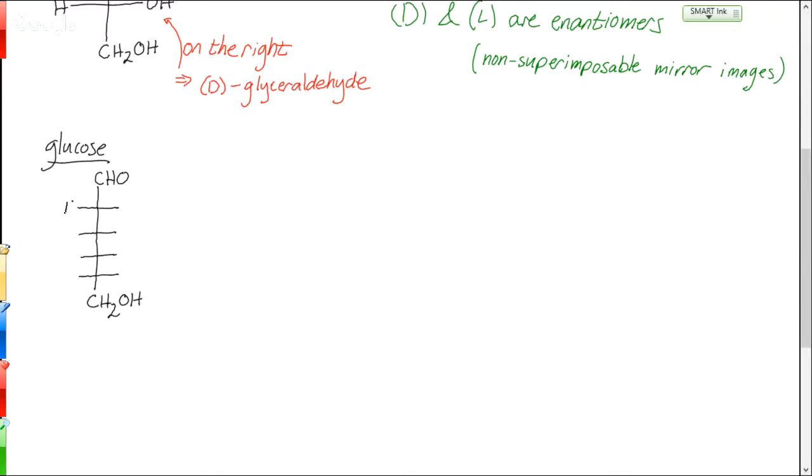So the order for glucose goes HOH, like this. And because we drew that bottom one to the right, this tells us that what we just drew is D-glucose. So this is the D enantiomer of glucose.